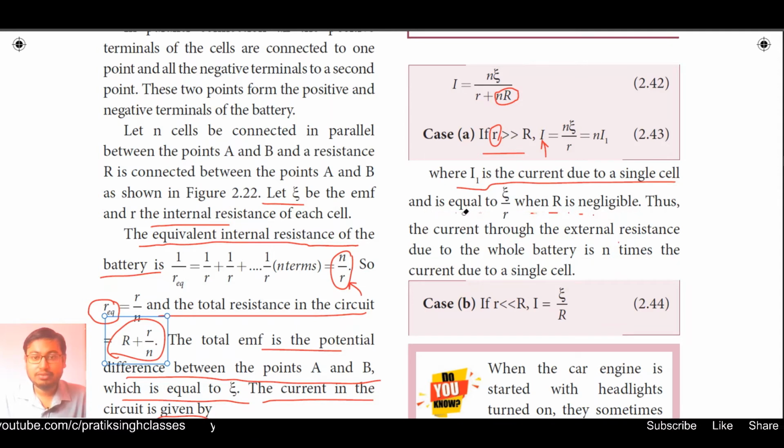Now coming to the second case. Suppose the value of internal resistance is far lesser than the value of external resistance. In that situation, the current I is equal to Xi by R, as you can see in equation 2.43.